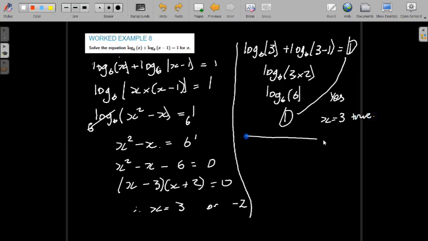Now just checking the other solution. So minus 2, minus 2 take 1. So checking that it equals 1. Log base 6 of minus 2.